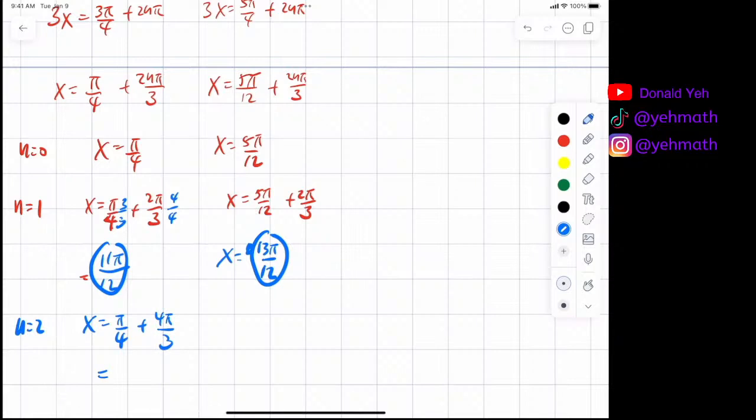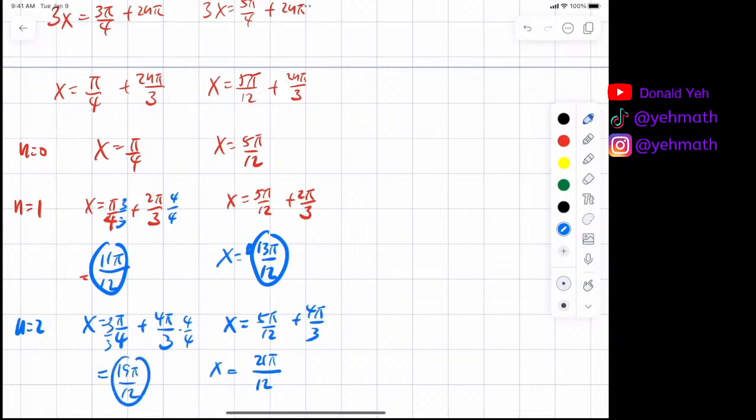And I have no idea what that is, so some people can help me work it out. 5 pi over 12 plus 4 pi over 3. And 4 times 4 is 16. 16 plus 5 pi is 21 pi over 12. I think. Is that right? And this one is going to be multiplied by 3 over 3, 4 over 4. So that is going to be 19 pi over 12.